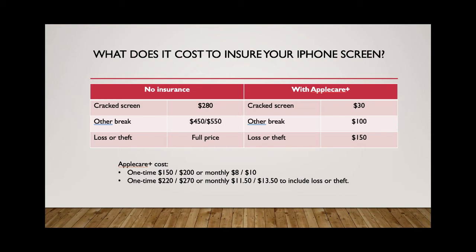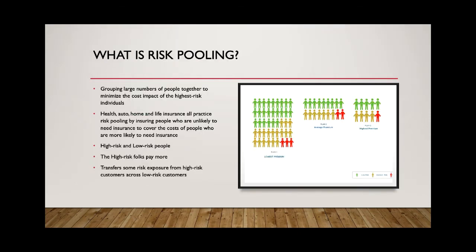And for that, we go to the next slide and consider the concept of risk pooling. What is risk pooling? In insurance, risk pooling is the concept of grouping large numbers of people together to minimize the overall cost impact of the highest risk individuals.